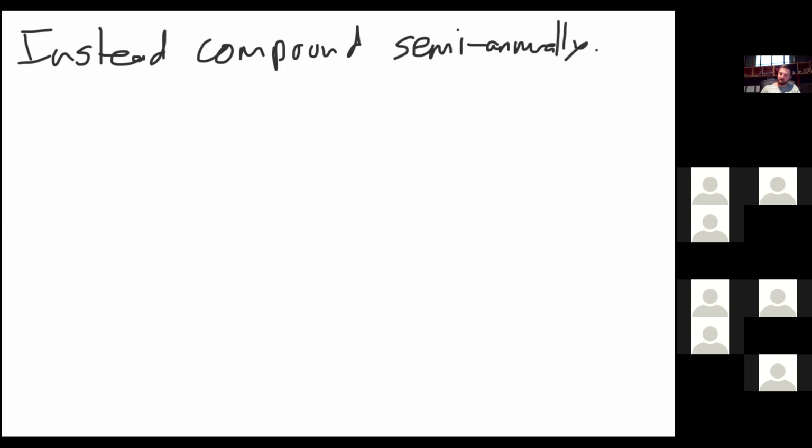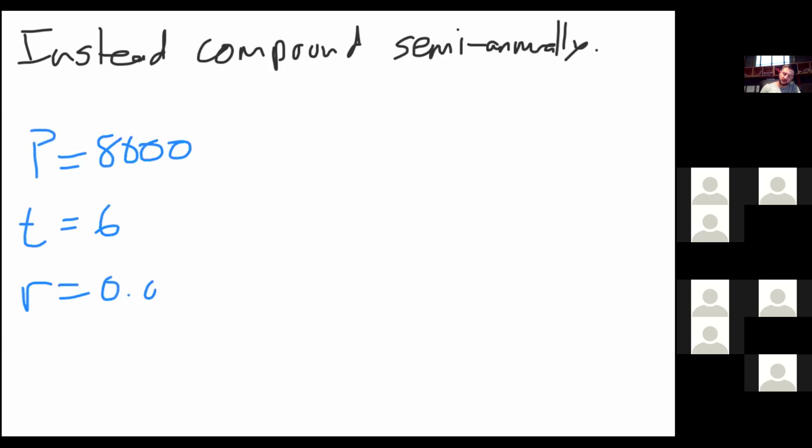So I still am going to keep my initial setup. I'm investing $8,000. I'm doing it over 6 years at a rate of 0.055, or a rate of 5.5%.